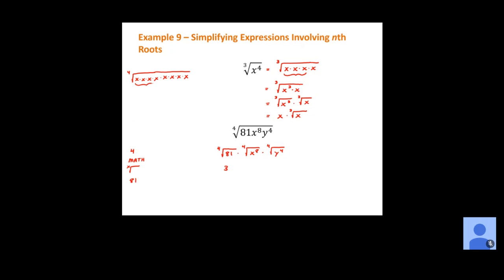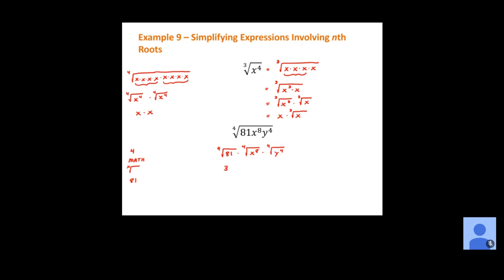So I've got a group of 4 here, and a group of 4 right here. So now, this is the fourth root of x to the fourth times the fourth root of x to the fourth. Well, the fourth root of x to the fourth should give us an x. Same thing with the other one. So we have x times x now.